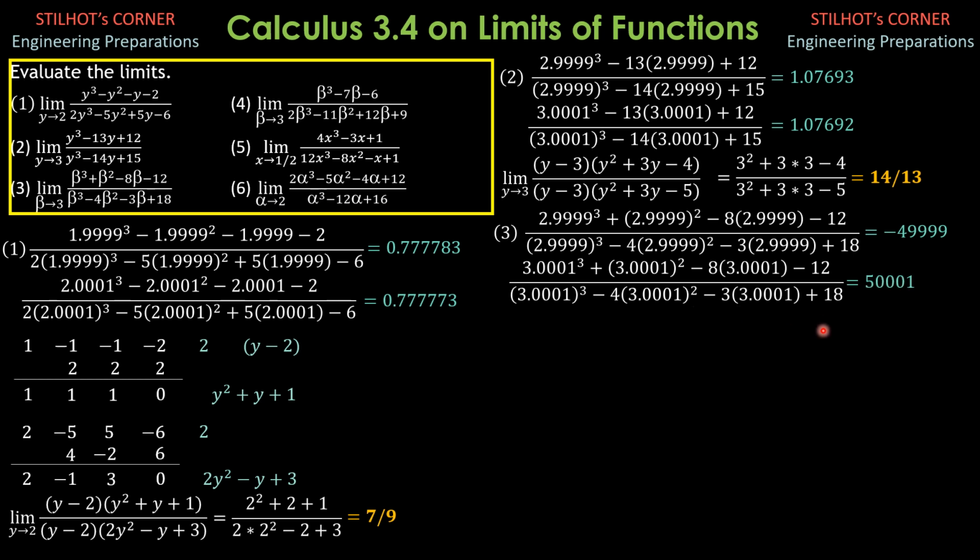And using your calculator, the value is 50,001. Since the left-hand limit and the right-hand limit are not equal, they are opposite in sign and very far from each other. Therefore, the limit does not exist, or there's no limit in this problem.